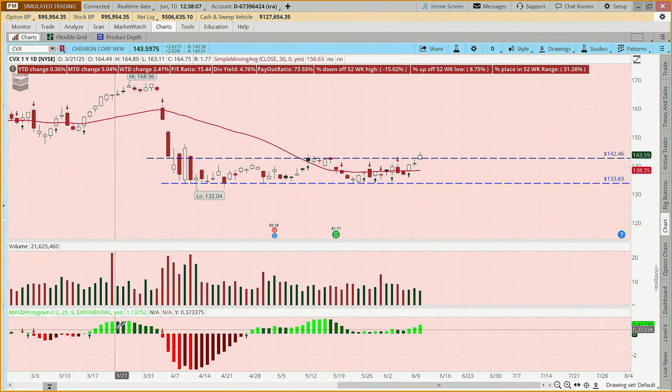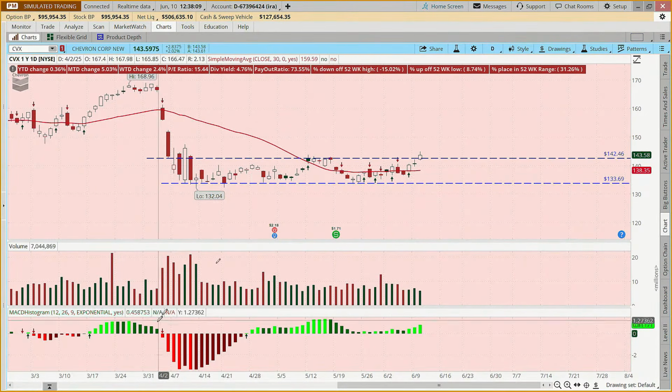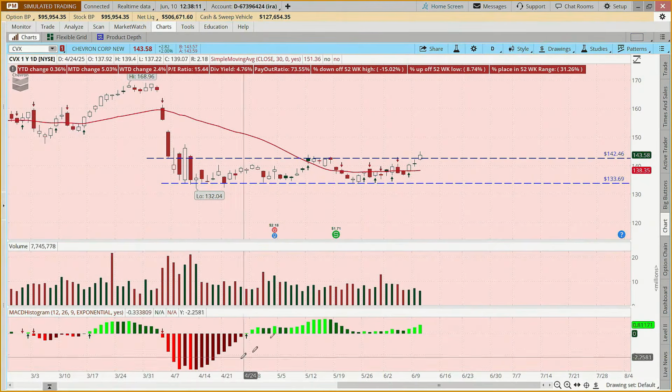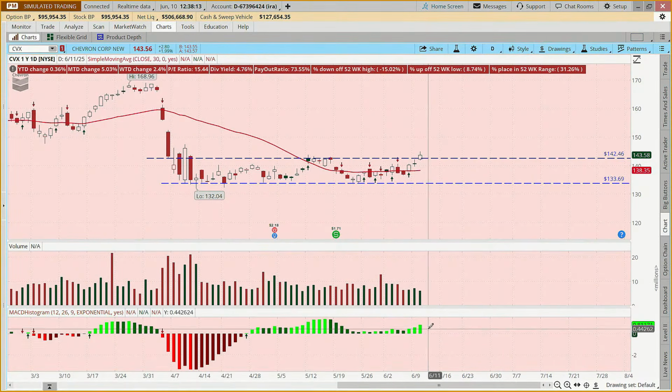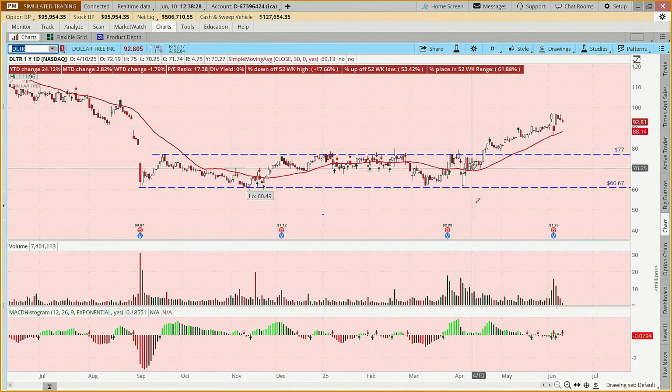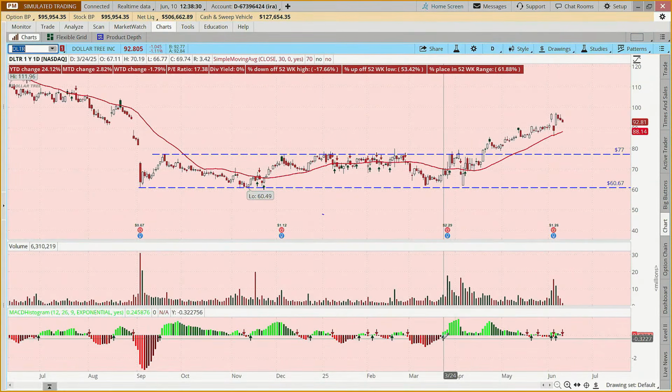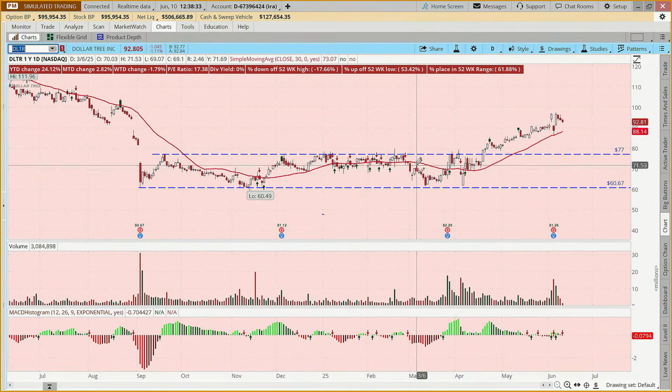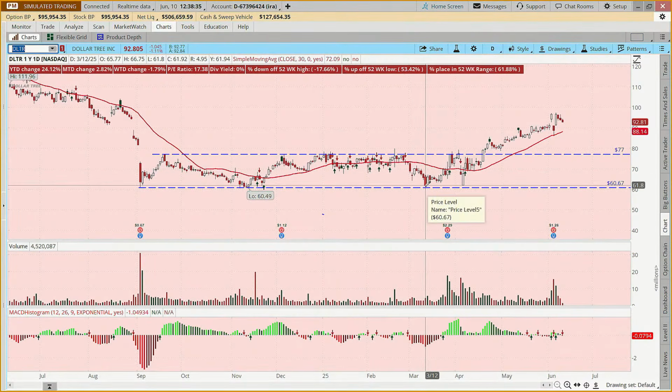But when you see something going sideways like this, you'll often see it weaving back and forth across this line. And sometimes what people are looking for is a potential divergence. So they're looking to see, hey, this is coming down.